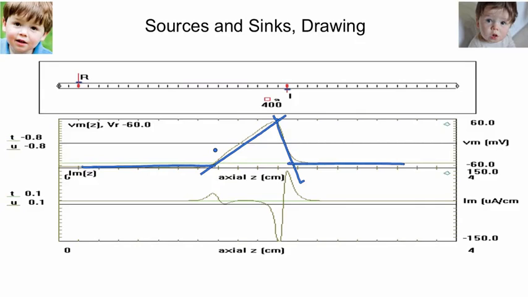The interesting part of this comes from the following. We know that our sources and sinks go according to the second spatial derivative of the transmembrane potential. If we look at the drawing as we have it, the straight line segments all have a constant slope. That means they all have a constant first derivative.